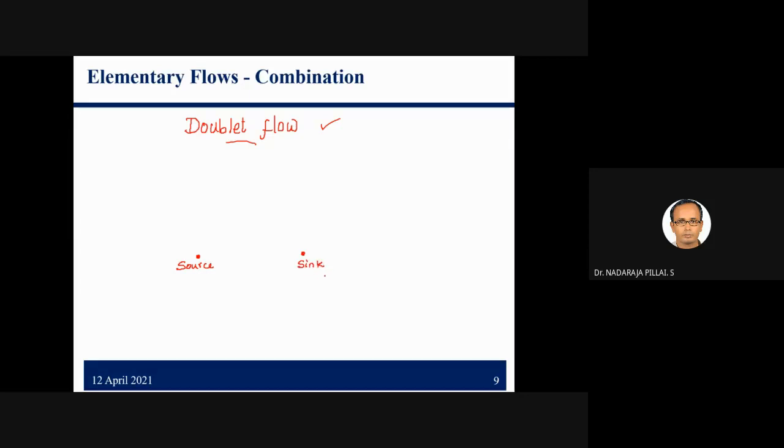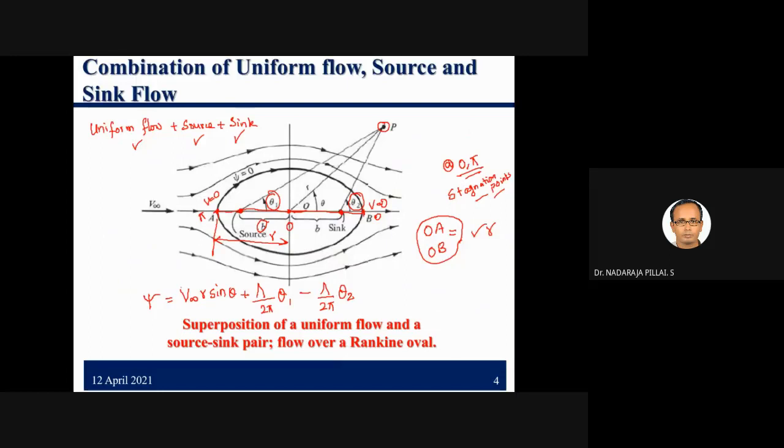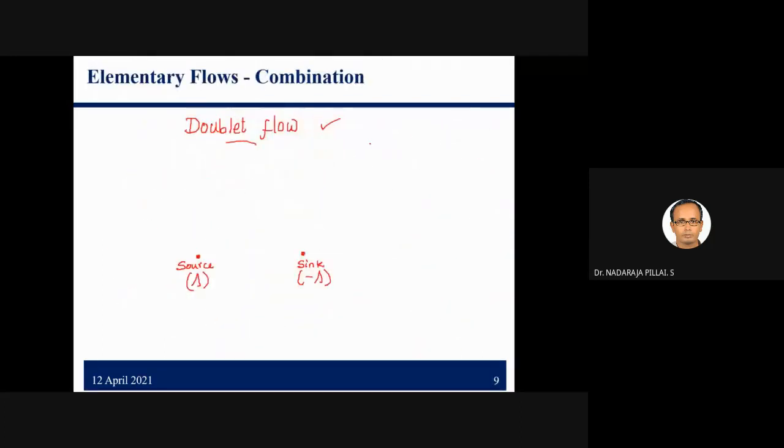So the source has a strength of lambda and the sink has a strength of minus lambda, and P is any point located in the flow. So let us say here you have a point P.